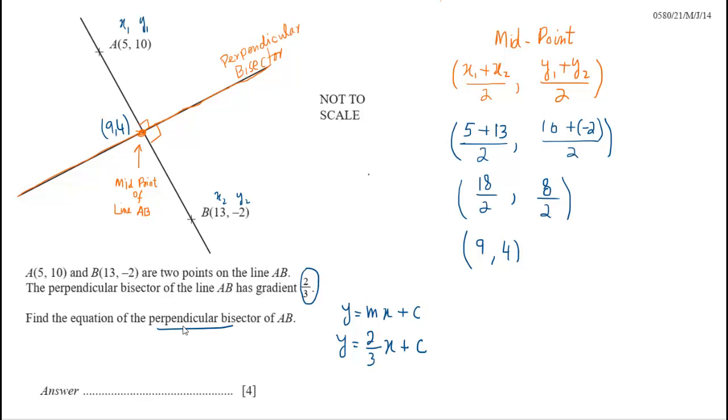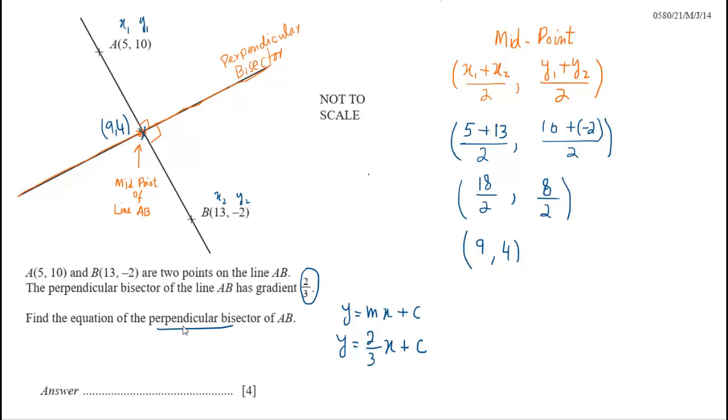To find this c, we have to put in a point that lies on this orange line. This midpoint lies not only on line AB, it also lies on this orange line. So we will put this point 9 comma 4 in this equation.